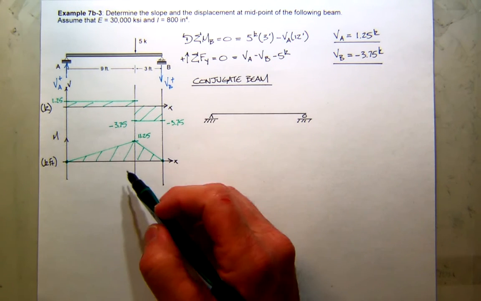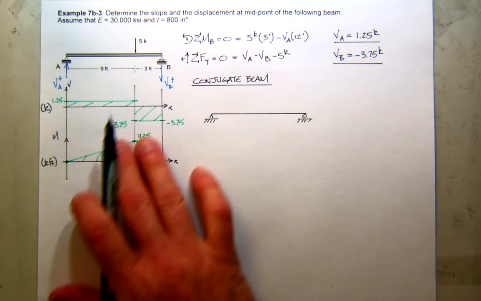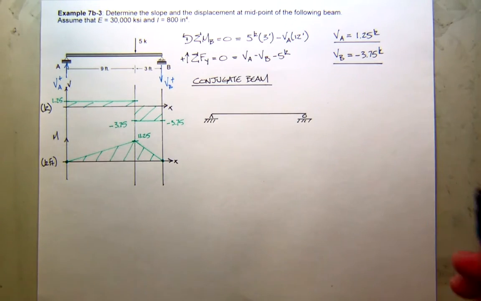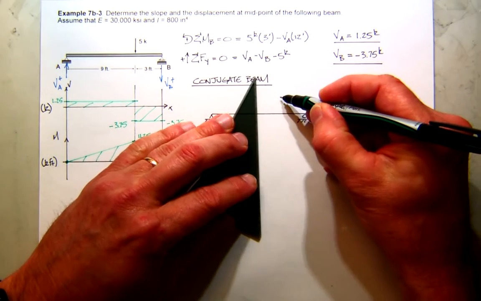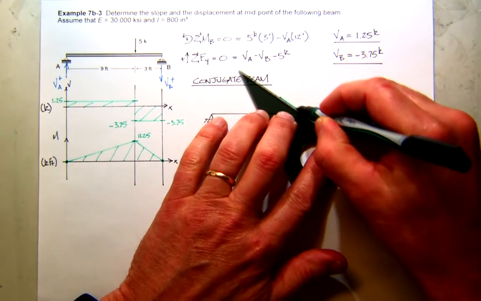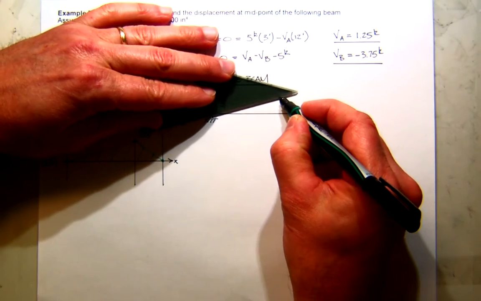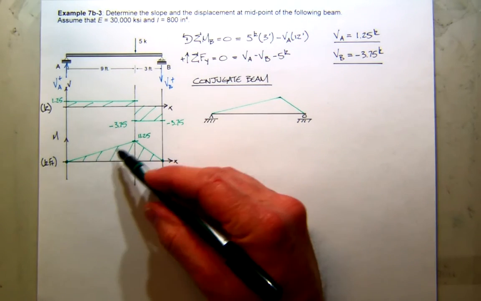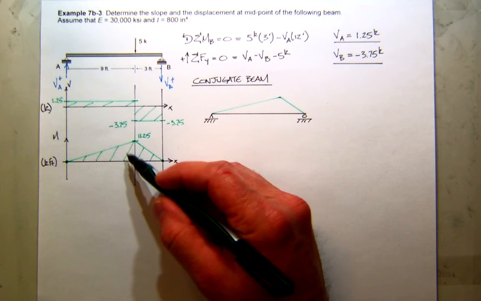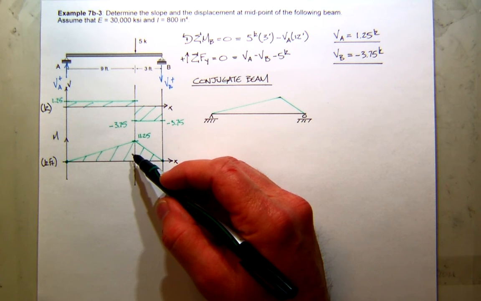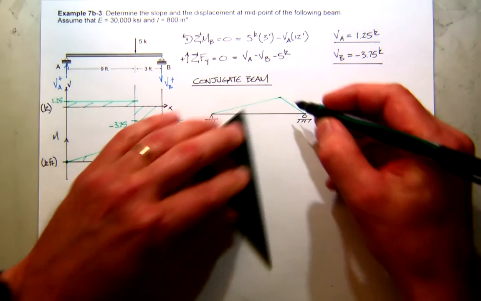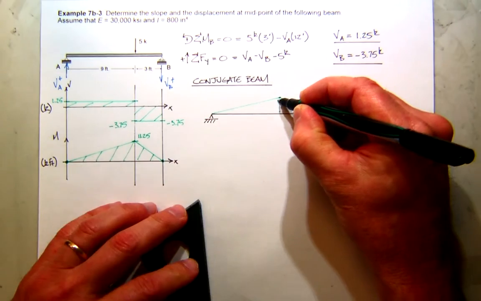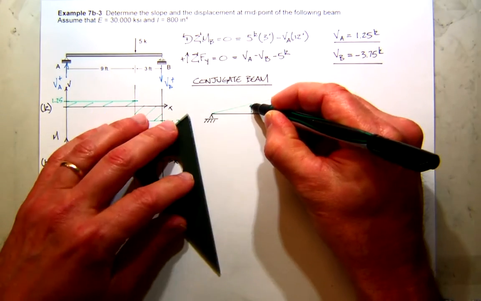But now I'm going to take this moment diagram, just lift it up, and set it on as what? As the loading. So there's my triangular shape. This is all positive, right? All positive moments. So what kind of load is positive? Up or down? Up. So we're looking at a loading scenario that looks something like this.